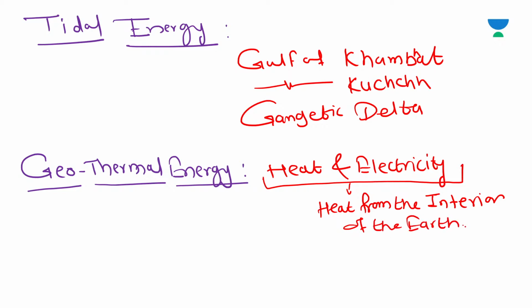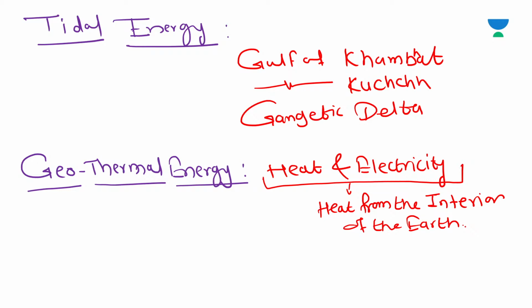Geothermal energy exists because the earth grows progressively hotter with increasing depth, where the geothermal gradient is high, temperatures are found at shallow depths.